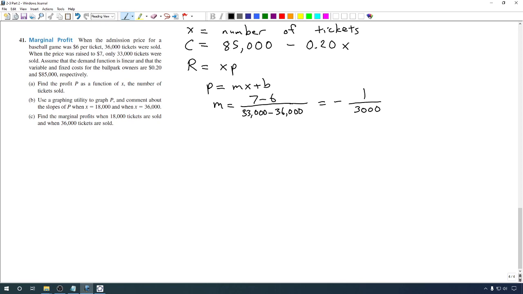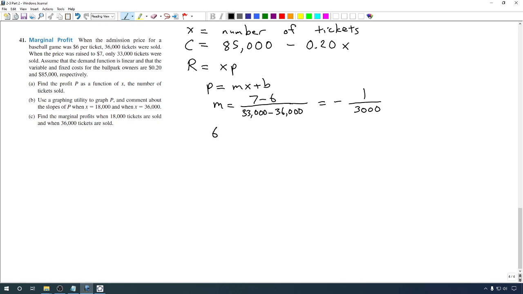Kind of a small number there. But that's what you might expect in a lot of applications. I'm just going to go ahead and leave that as a fraction. I'm not going to try to put that into decimals because it'll actually be helpful in the long run. I do need to find out what my b value is. And to do that, I'm just going to go ahead and use one of my points. I'm going to use the 6 and 36,000, and plug those into my formula.